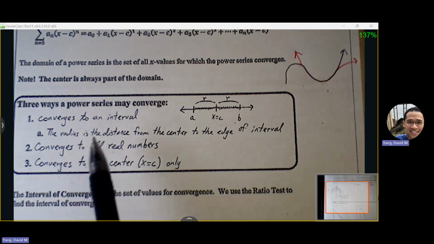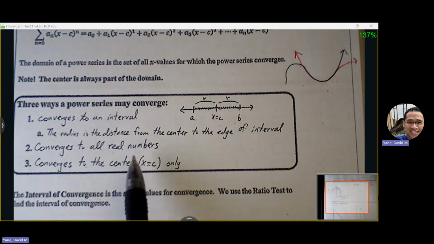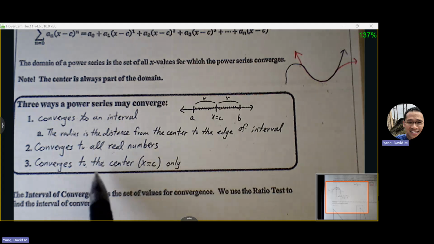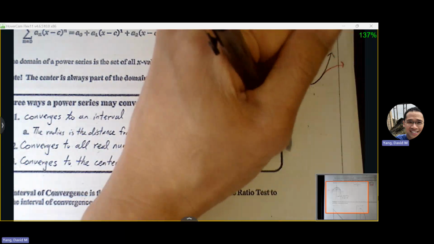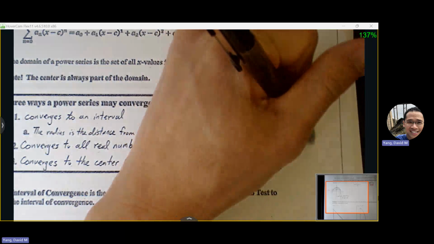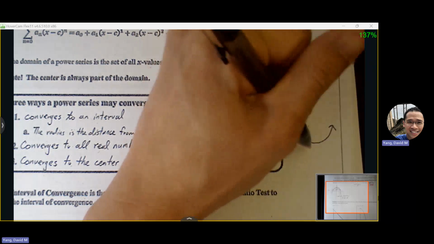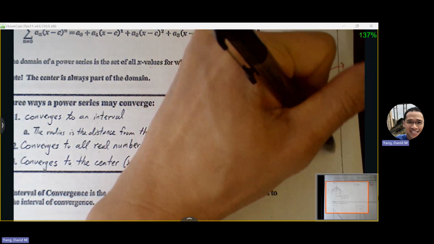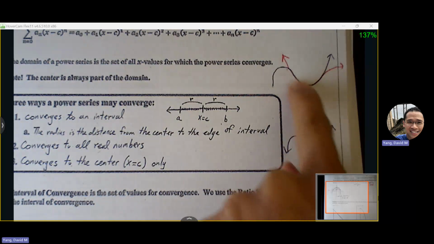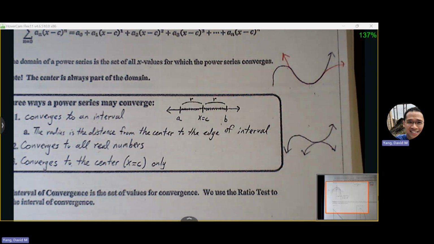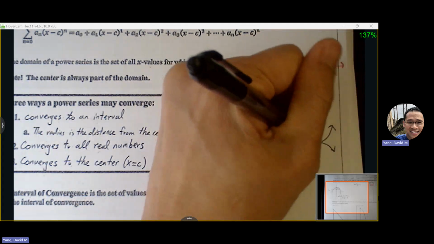For other power series, some can converge to the graph for all real numbers, where it's an exact replica. And sometimes a power series can only converge at the center, meaning it's not going to converge at all except at one point. So there are three options. Either it looks exactly like the graph, it matches for a range of values, or it's guaranteed to at least match at one point.